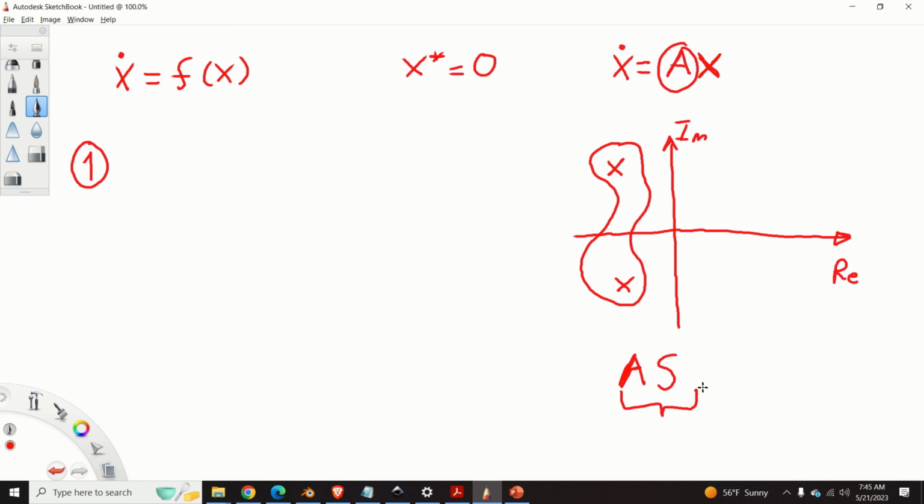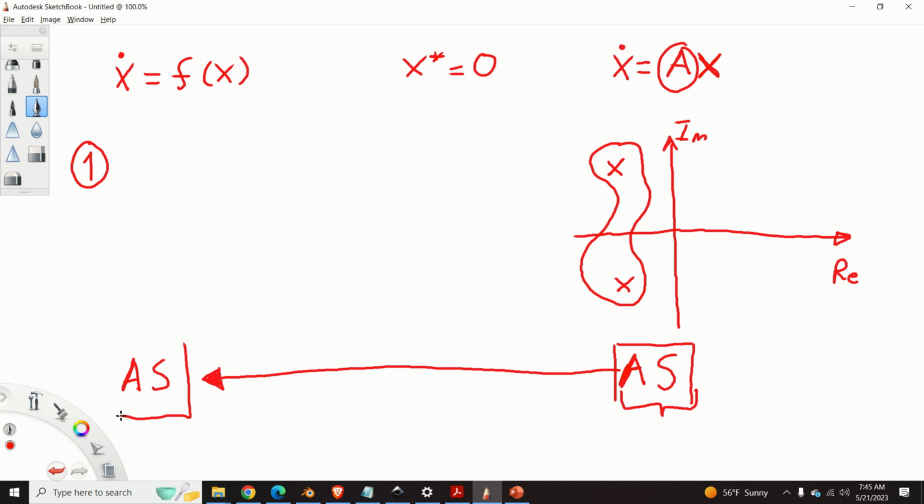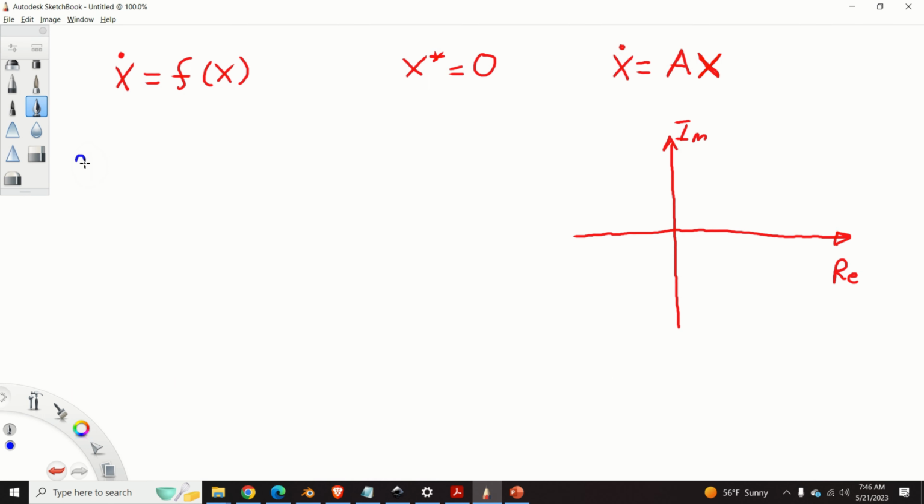Since this equilibrium point is asymptotically stable for the case of the linearized system, we can conclude that the same equilibrium point for the nonlinear system is also asymptotically stable. So asymptotic stability in the linearized case implies asymptotic stability in the nonlinear case.